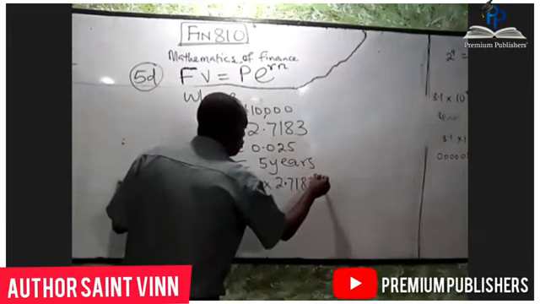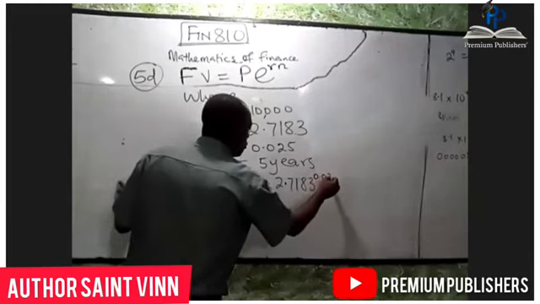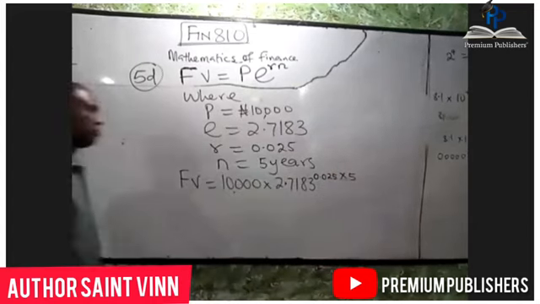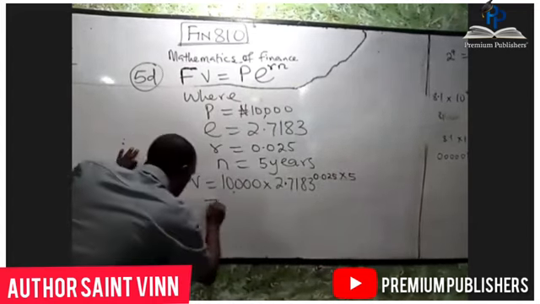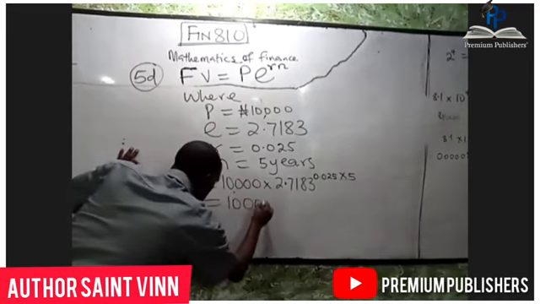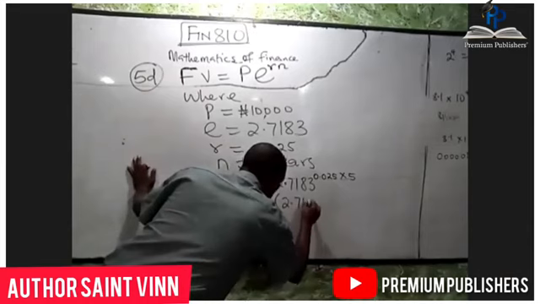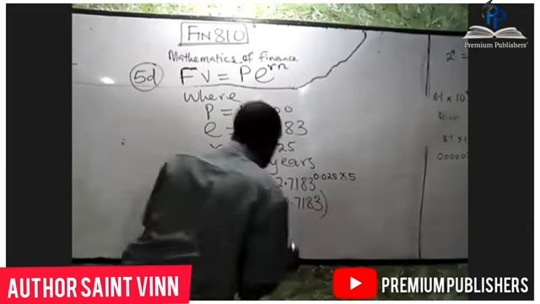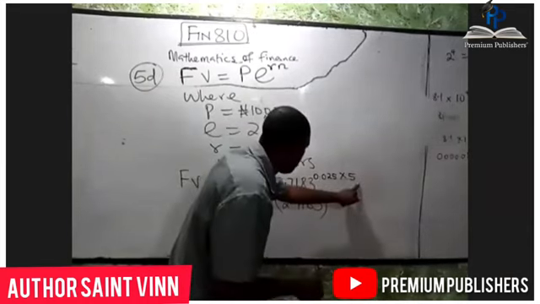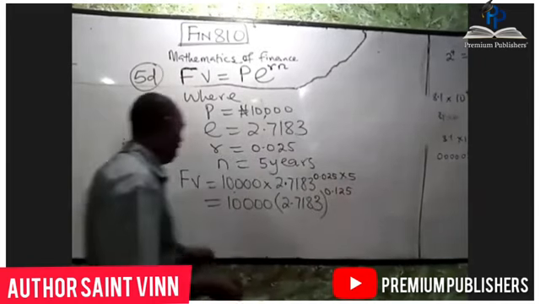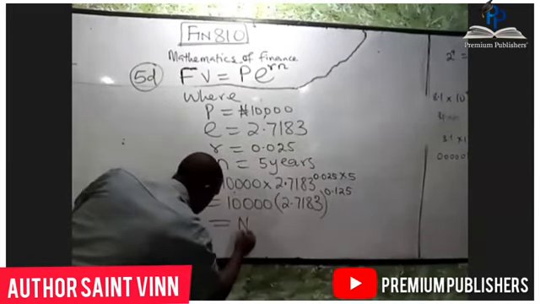R is 0.025 times the number of years. So 0.025 times 5 is 0.125. Your calculator will do the rest.